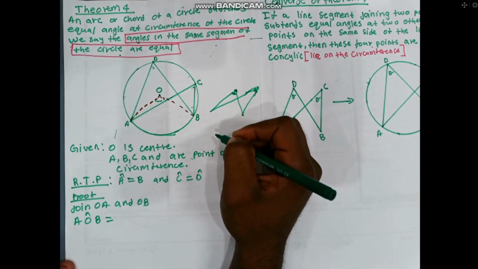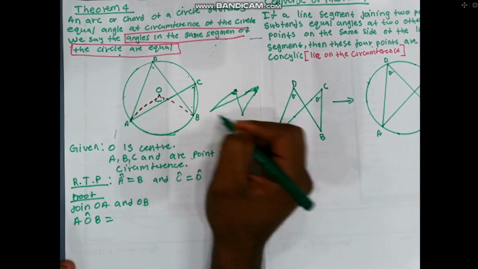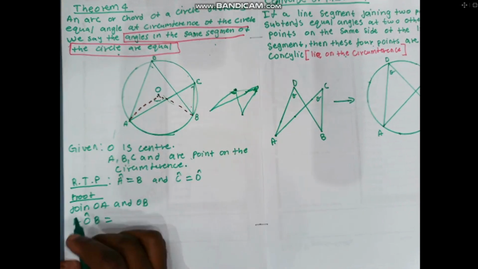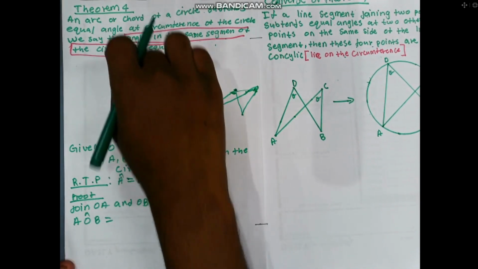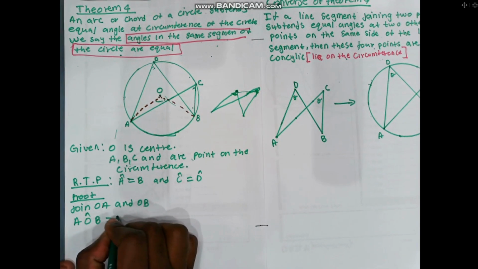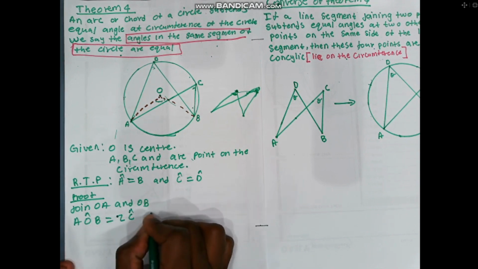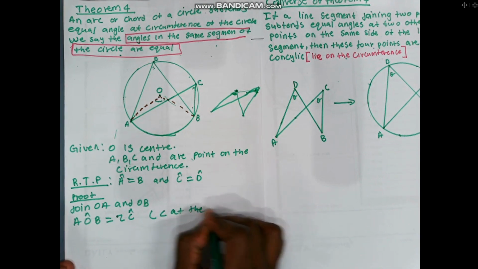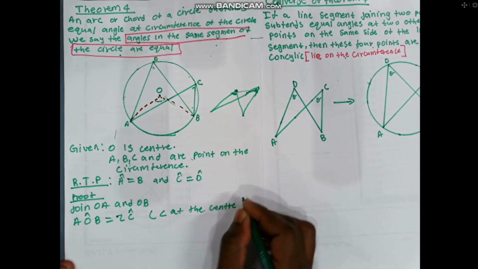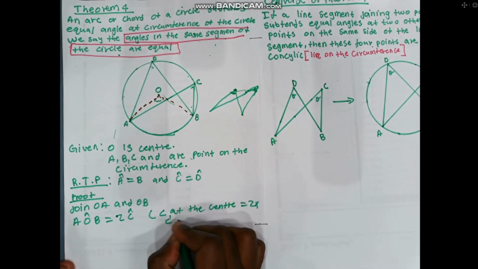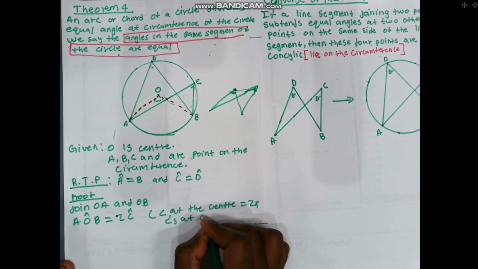I hope you still remember this one, where here is a center, where this one is two times this one. That's what we are going to use here, which is C. This is the one that we are going to use, not this one. So it's two times C. You see, our reason is that the angle at the center is equal to two times an angle at the circumference.